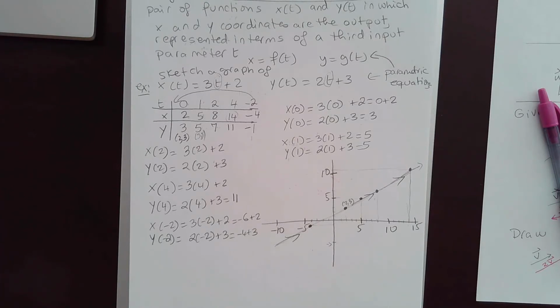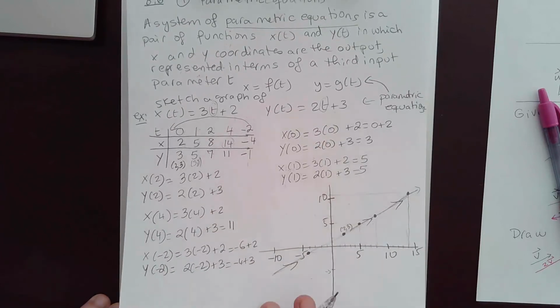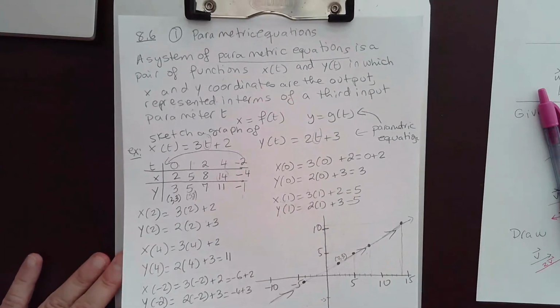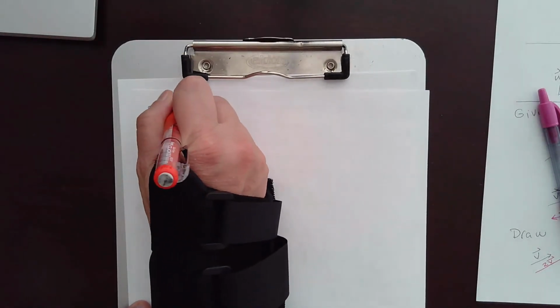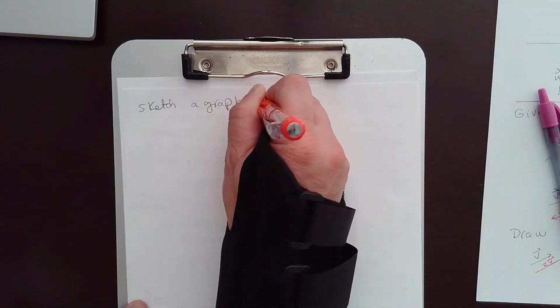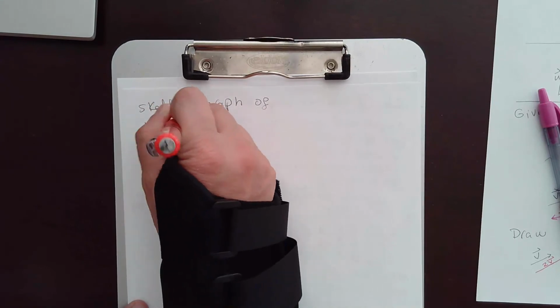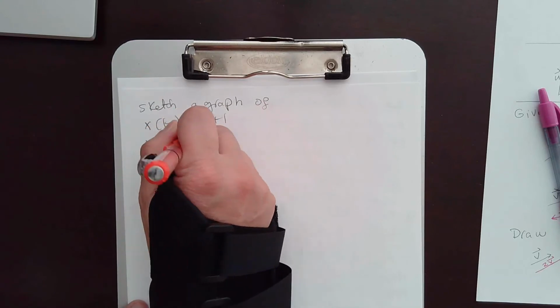All right, so let's go ahead and have another example. Sketch a graph of x(t) equal to t squared plus 1 and y(t) equal to 2.